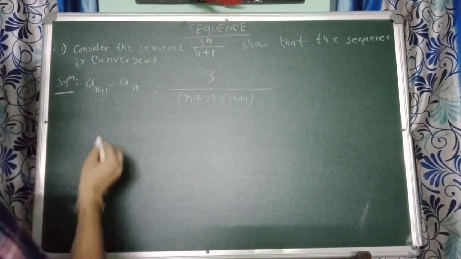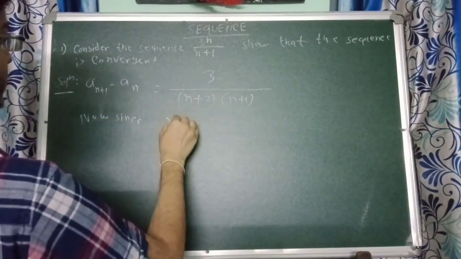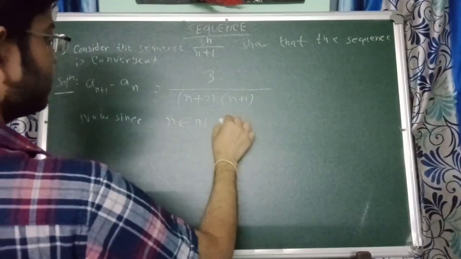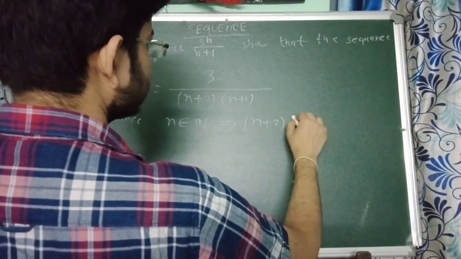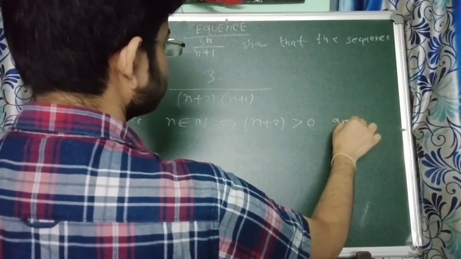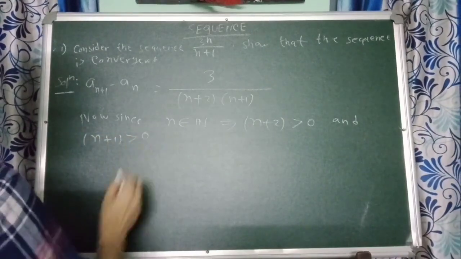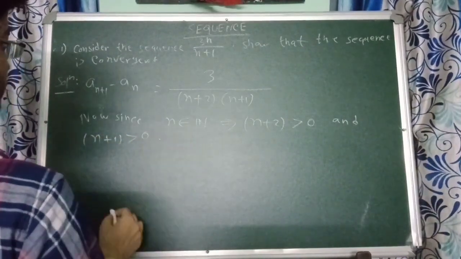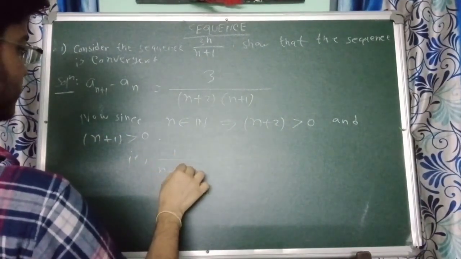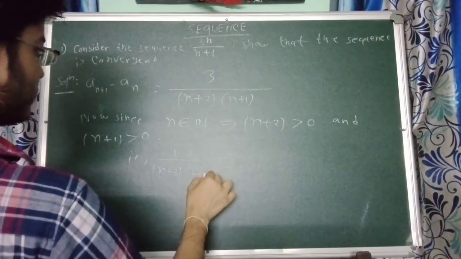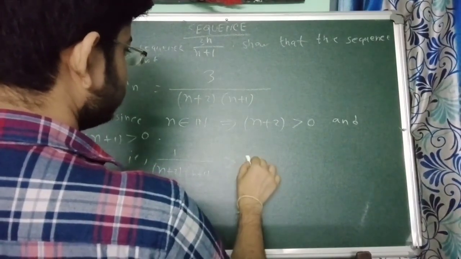Now since n belongs to natural numbers, n plus 2 is greater than 0 and also n plus 1 is greater than 0. That is, 1 divided by n plus 2 and n plus 1 is also a positive quantity, greater than 0.